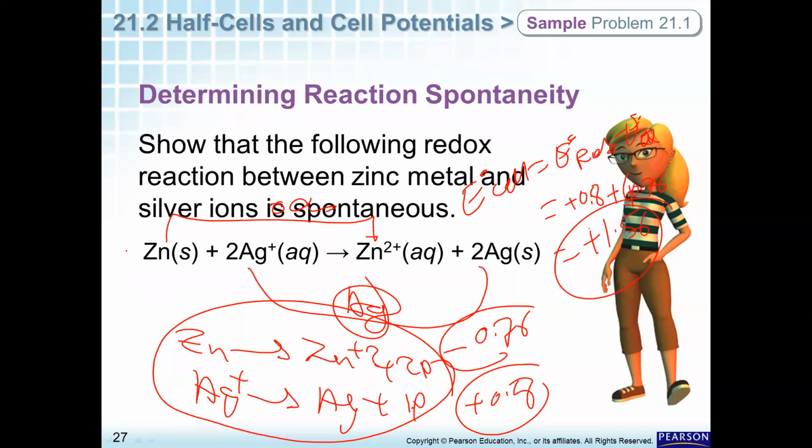But this is another way of asking the question. The first question was which of the following will be oxidation, where this is a half cell. The second one is if we provide you with the cell reaction. This is called a cell reaction. It is made from two half reactions. Then you can decide whether this is spontaneous or not.